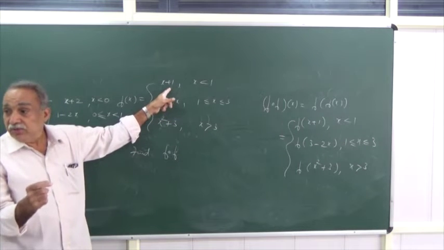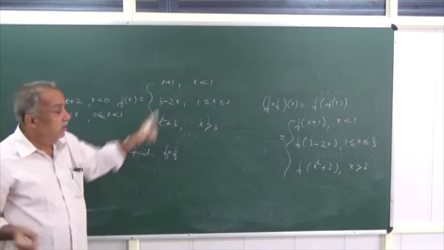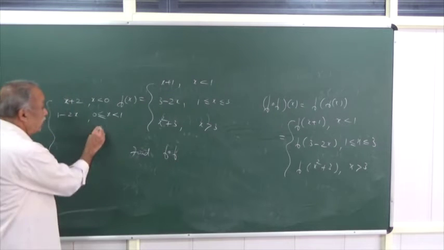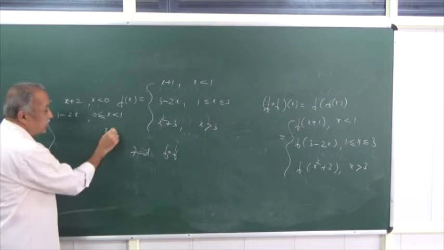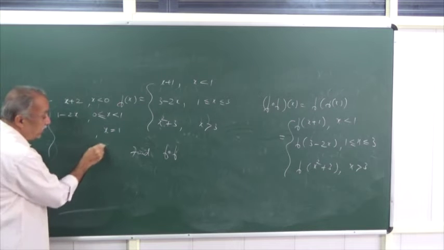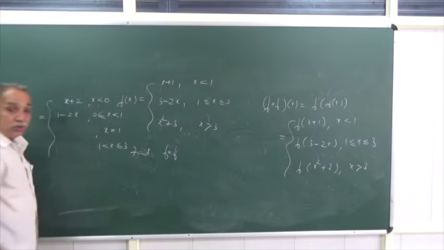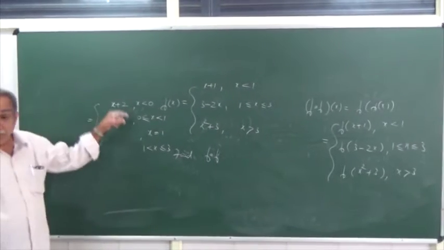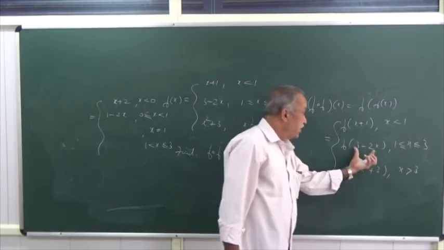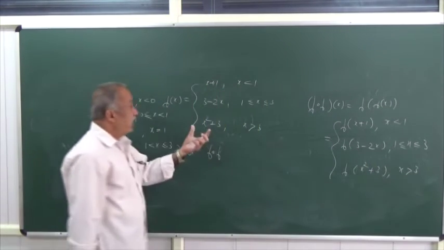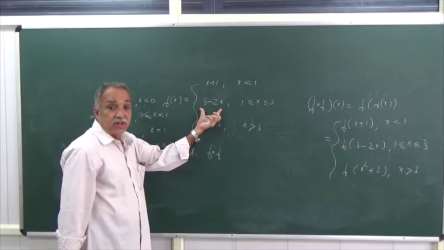The point 1, we will keep it separately. Sorry, 1 is to be kept separately. So, x equal to 1 first. Then 1 less than x less than or equal to 3. Let us have a proper order. When x equal to 1, this is 1, and for x equal to 1, the image is 1.